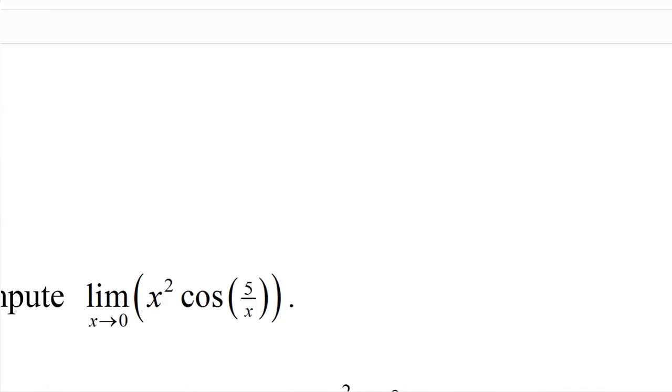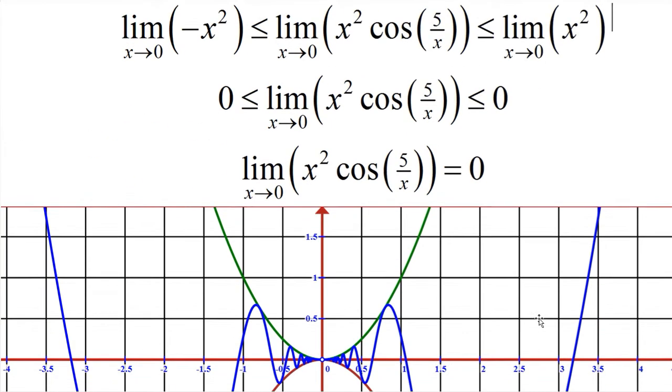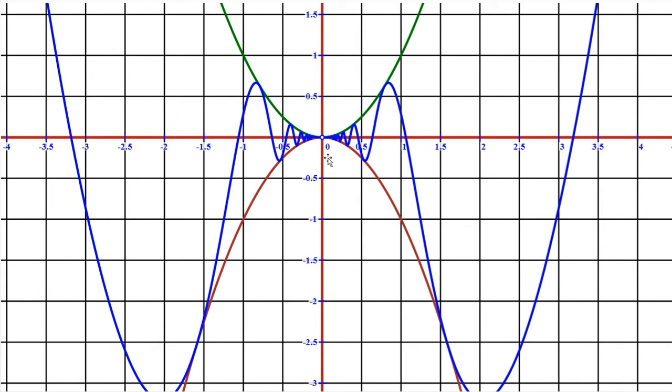Closer and closer to x equals 0. There we go. You can see a close-up here, and what's happening is this is going up and down and up and down. It actually goes up and down infinitely many times as you get in close, so it's hard to actually draw it at all. You can't really draw what's happening right here.